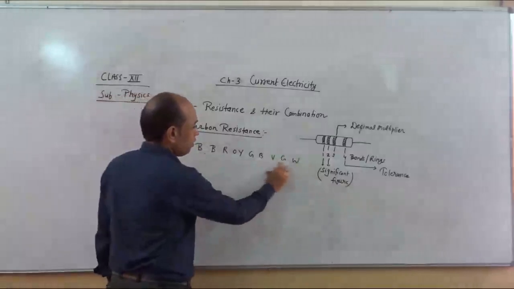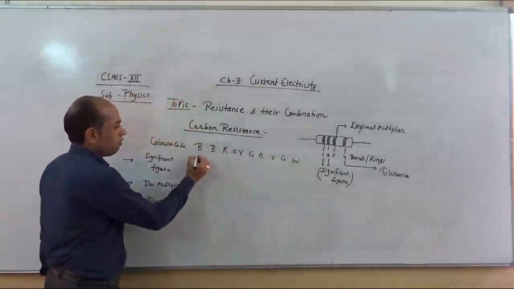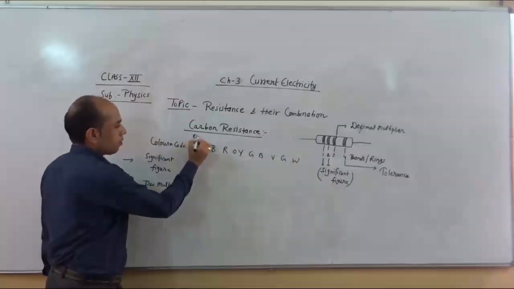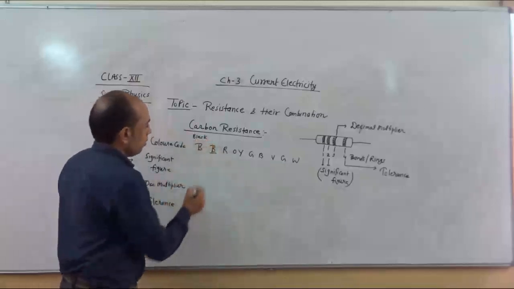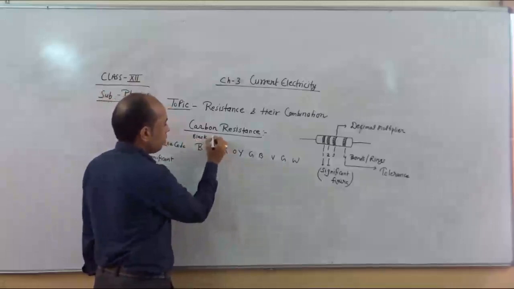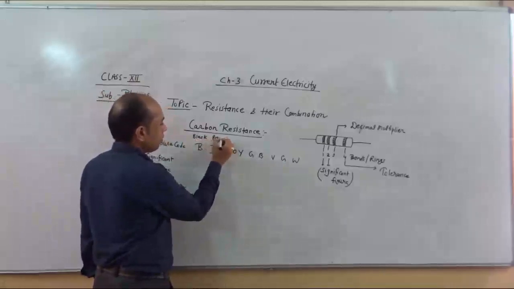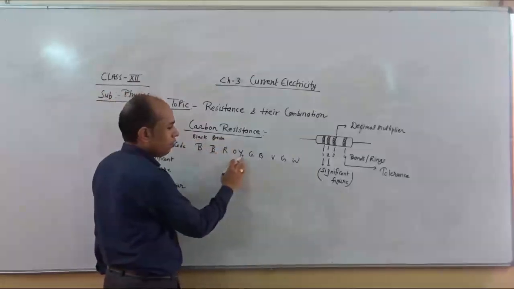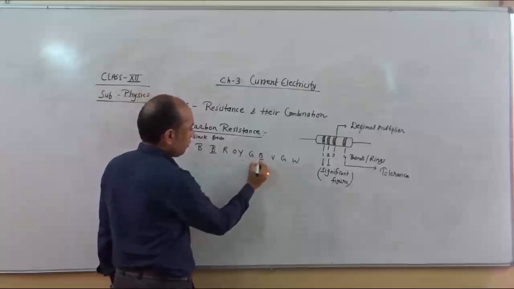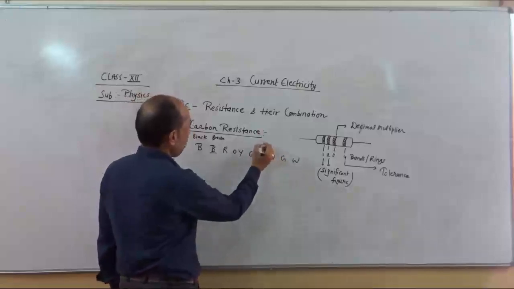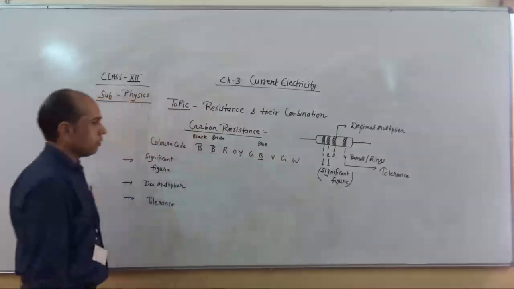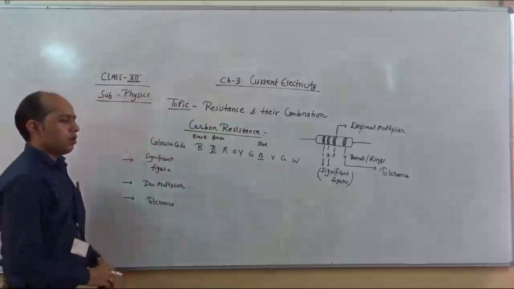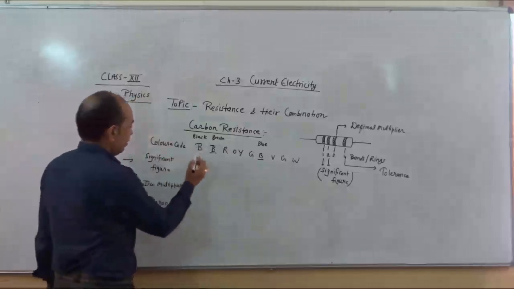So here B stands for black. The second B denotes brown. Then red, orange, yellow, green, and just B, which denotes blue. Then violet, grey, and white. So this is the color coding for resistance significant figures.